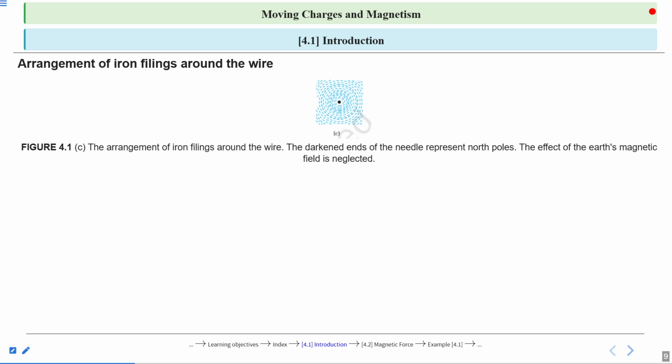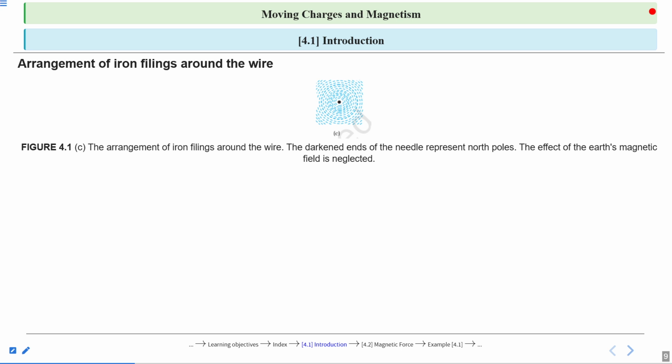So if we place the iron filings around a current carrying conductor and shake it, if we are placing it on a table, we have to tap the table a few times so that the iron filings can arrange themselves according to the magnetic field around a current carrying conductor.